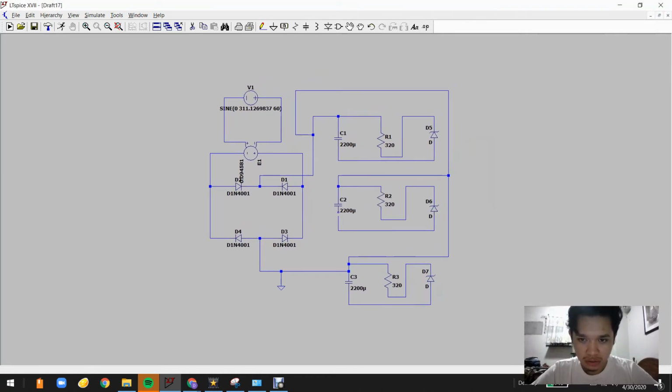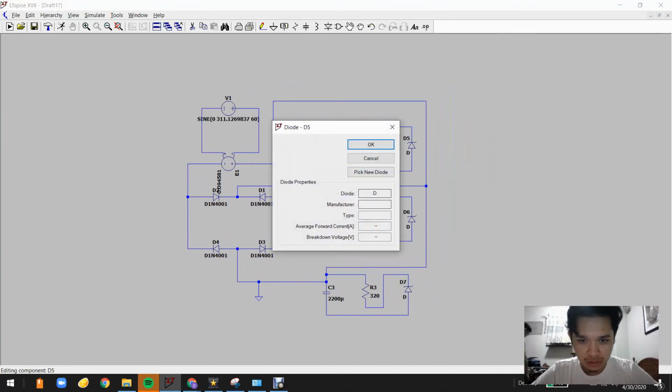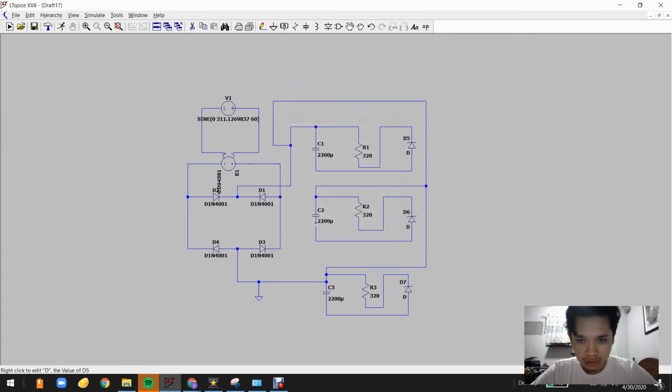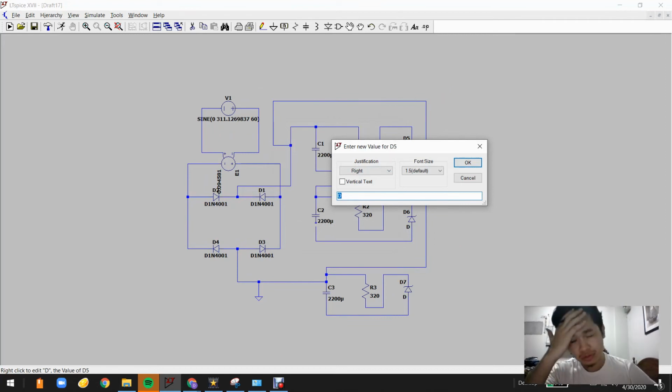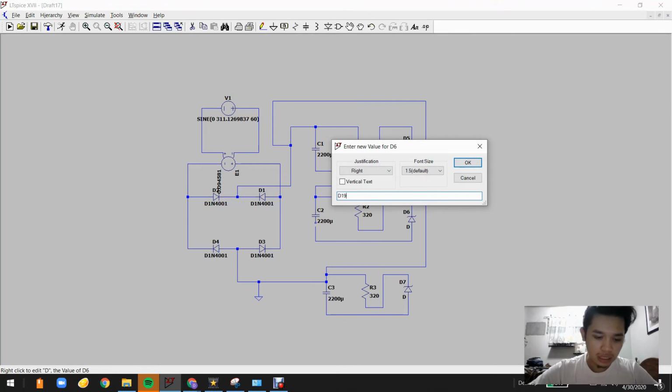Now, what's gonna differ is our Zener diodes, since they're gonna emit different ranges of voltage. So for this one, we're gonna use a D1N75. For this one, we're gonna have D1965, 62A.